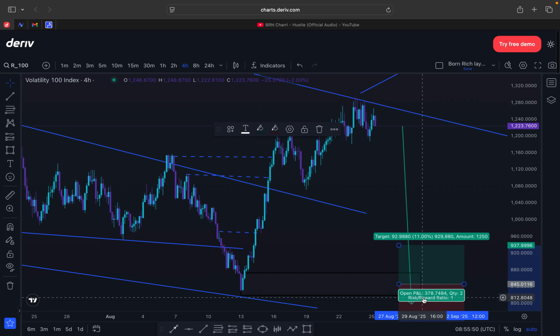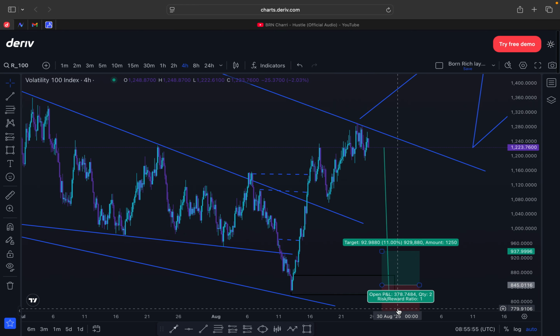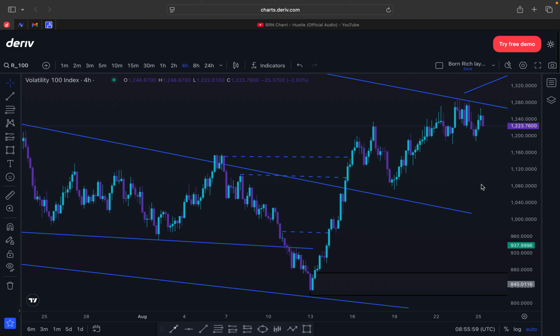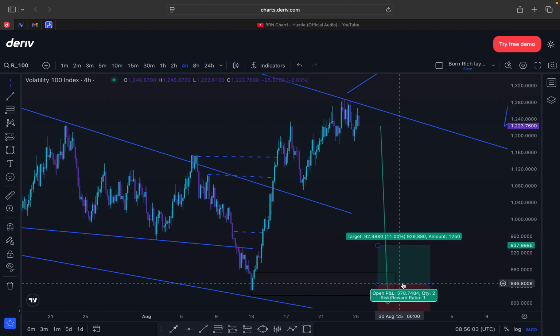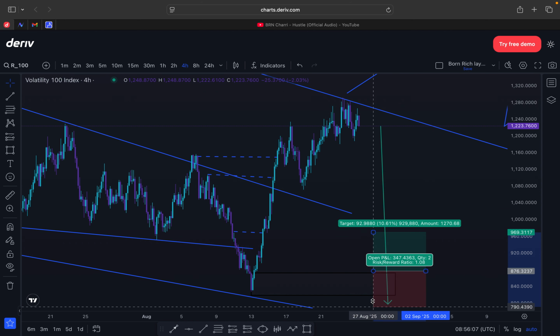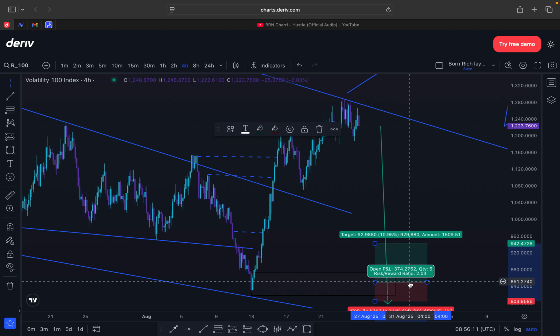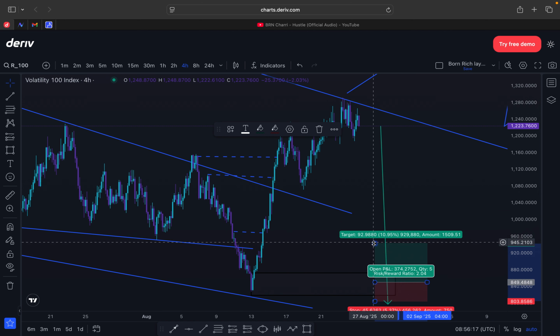Your stop loss should be somewhere around, yeah, below the swing low. That should be your stop loss.